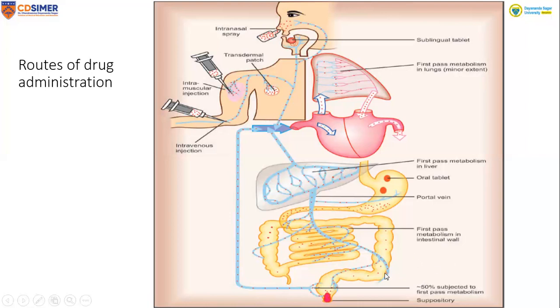So generally, if you give acetylcholine or methacholine, once it reaches the small intestine, there itself we have cholinesterases, so they will destroy these drugs. In that way, less amount of drug enters into the systemic circulation. Similarly, nitroglycerin also. A lot of drug gets metabolized. So that is about the portal circulation and first pass metabolism.